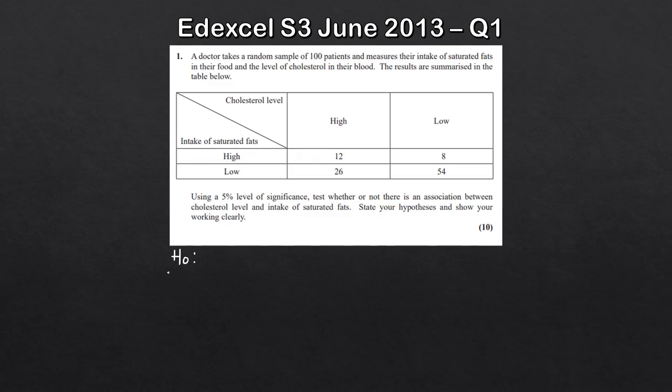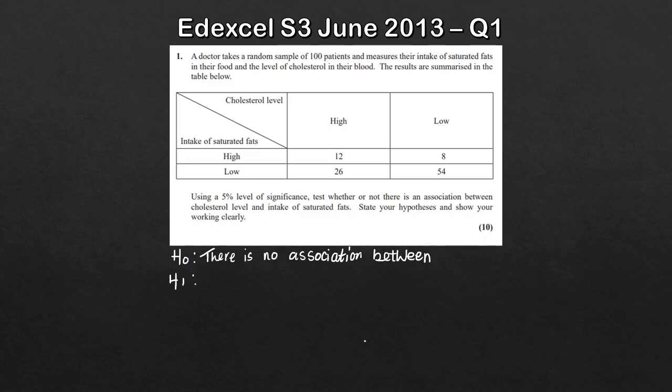Stating the hypotheses. So we've got a H0 and a H1. The H0 is always that there is no association. So there is no association. We should really state the association between the two things.